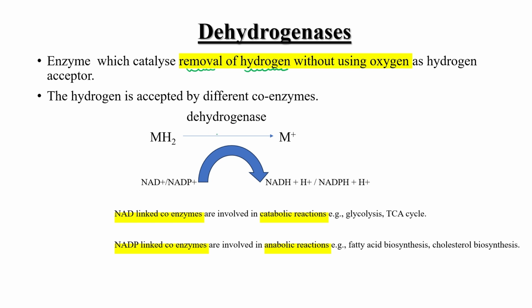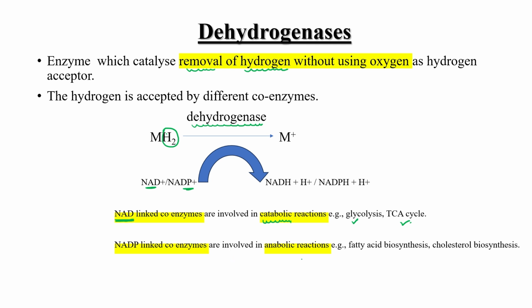Next group, dehydrogenases. This group of enzymes catalyzes the removal of hydrogen from the substrate without using oxygen, and this process is catalyzed by the enzyme dehydrogenases. So what is the final acceptor of this hydrogen? It is NAD or NADP. If the reaction type is catabolic, meaning glycolysis, TCA cycle, then NAD acts as the coenzyme.